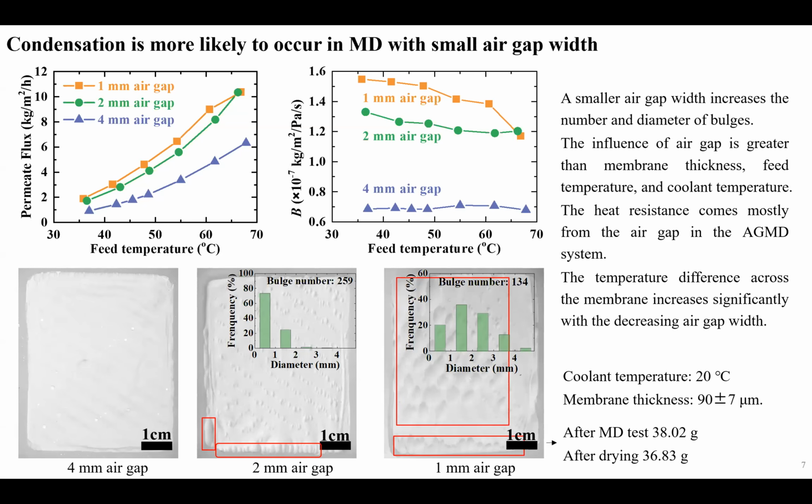Did you also analyze that? We didn't analyze that in this work, but we did some analysis in other work: as the air gap increases, the temperature difference across the membrane decreases significantly. Okay. All right. Thank you. Thanks for your questions.